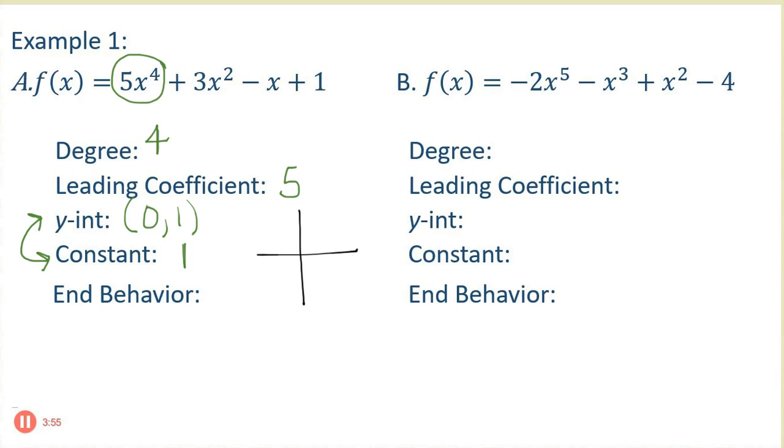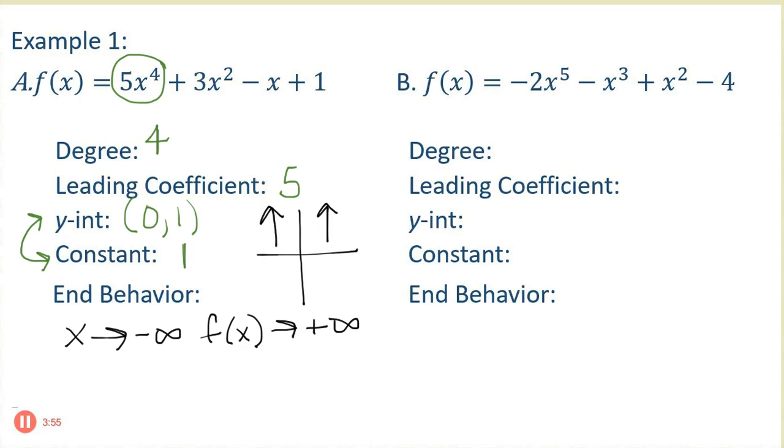Now, because this is a positive 5, I know that it's going to increase on the right. But because the degree is even, it's also going to do the same thing on the left. So that means that as x approaches negative infinity, f of x will approach positive infinity.